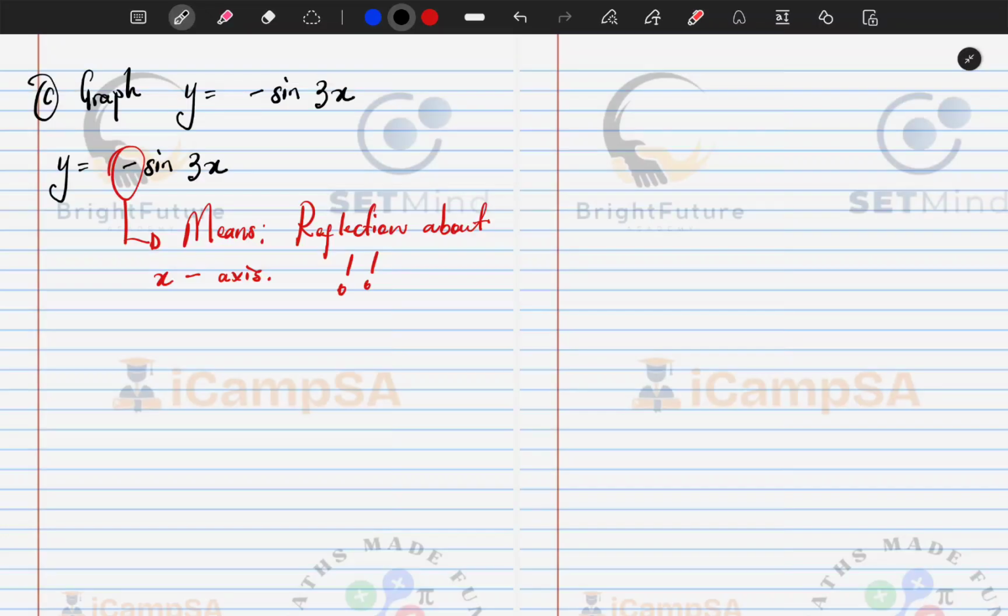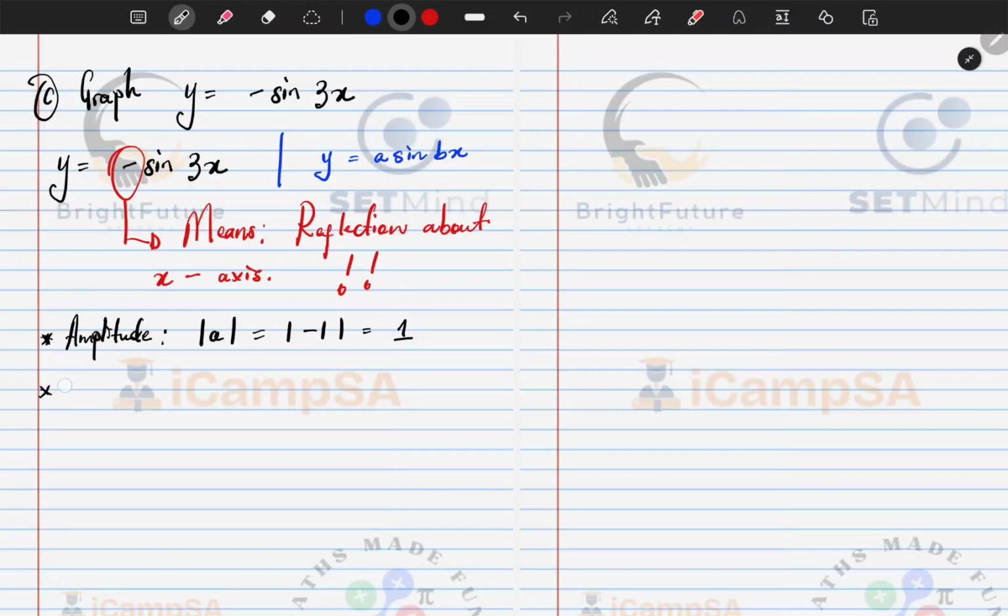Now let's go ahead and find the amplitude first. The amplitude is going to be the absolute value. Remember, we always want to write this in the form of a sine bx. So the absolute value of -1 is 1. Take note, it's +1.